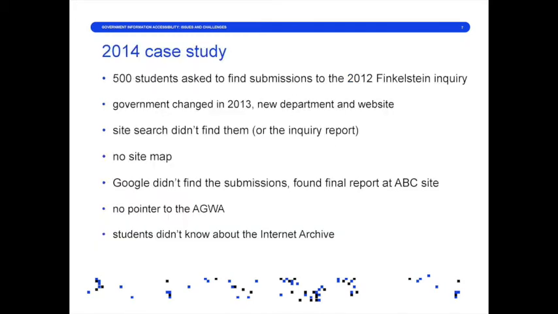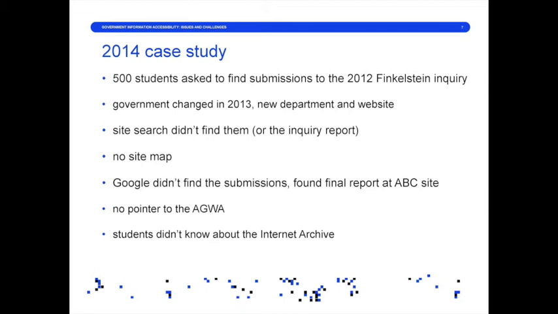All right. So this little case study was in 2014, where we had 500 undergraduate students. Undergraduate students are reasonably cluey. They're not disadvantaged in facilities or for anything else for that matter. They were asked to find submissions to a departmental inquiry, the Finkelstein inquiry about media.